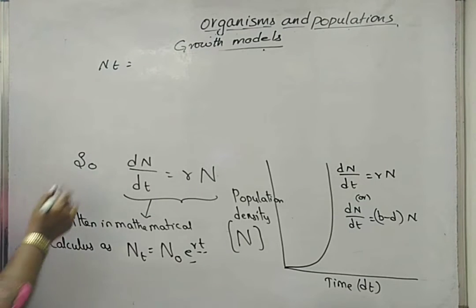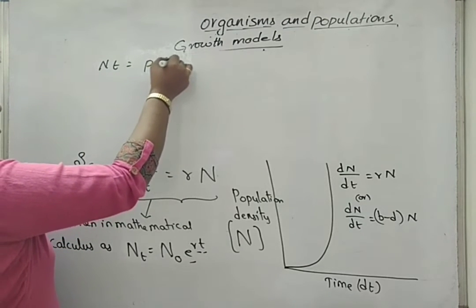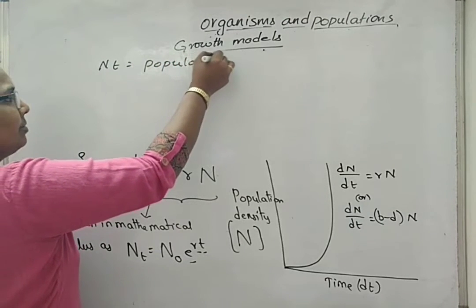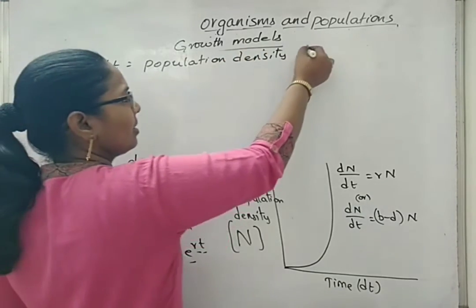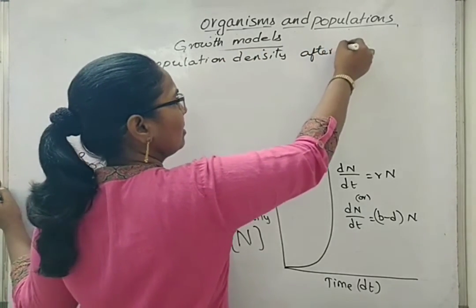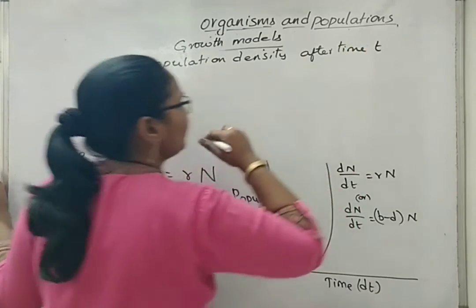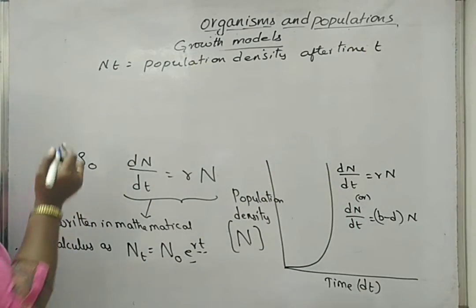Population size at time period t. This is written as population density after time t. Previously we have written it as plus 1. That can also be considered.